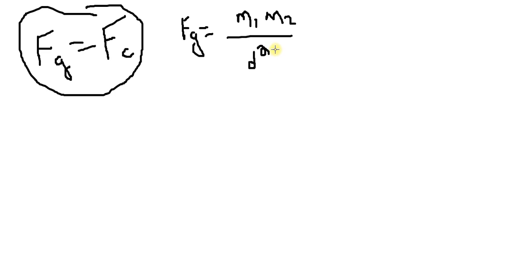And then, of course, Newton figured out all this stuff. We divide all this by the distance squared between the two objects, and that's the force due to gravity between these two objects.